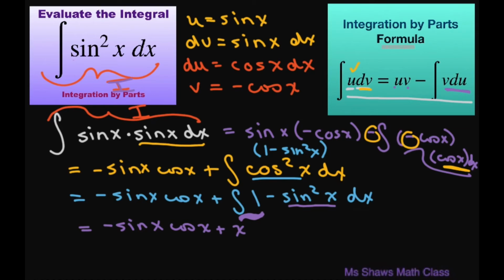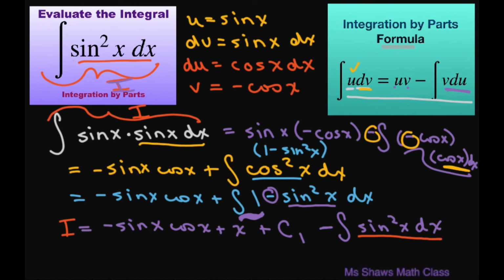And then I'm going to put my plus arbitrary constant, and then minus, pulling this negative out, the integral of sine squared of x dx. Now recall I set this to I, so this whole thing is I. Well, this is also I. And if it's subtraction, if I add it to both sides, I'm going to get 2I.